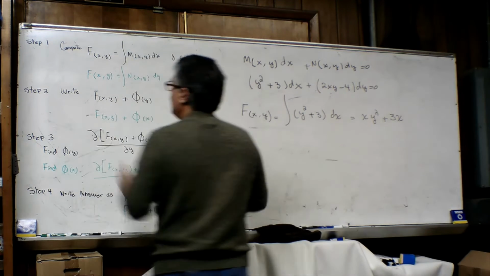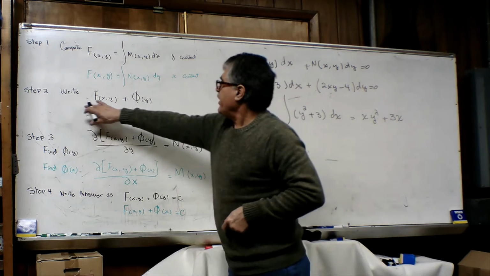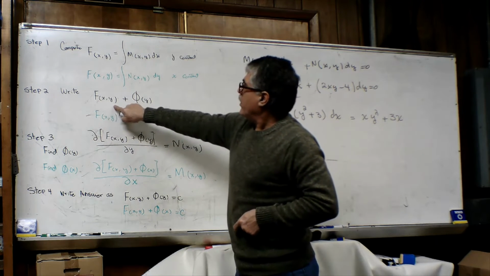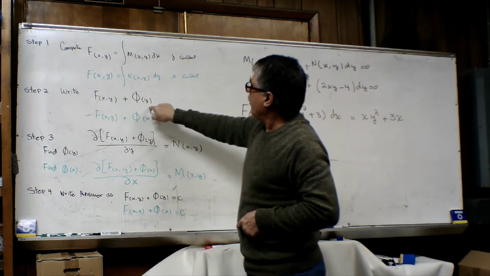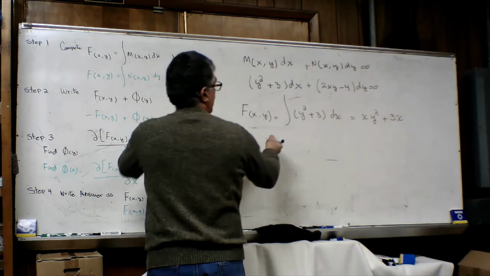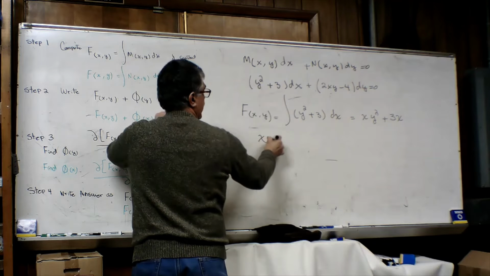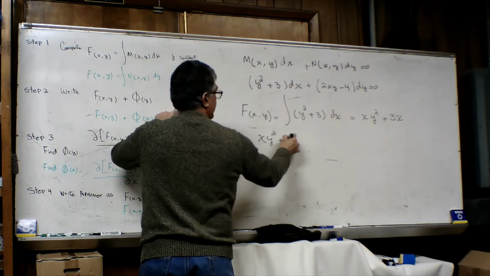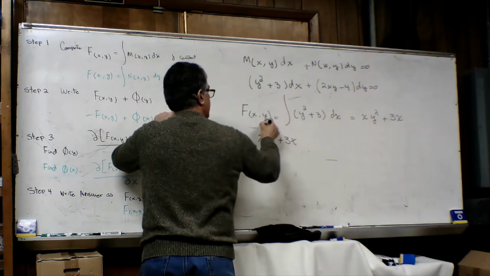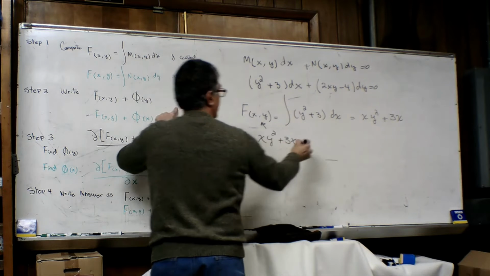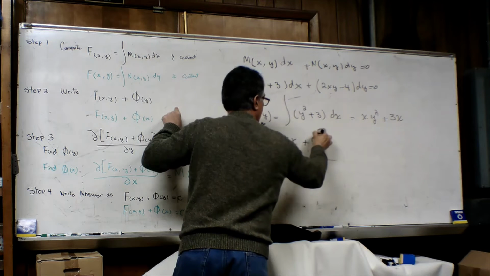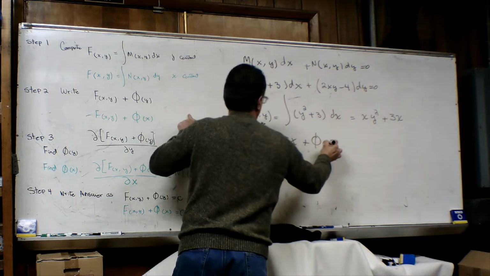Now step number 2, write it in this form, f as a function of x and y plus phi of y. So let's write this as xy squared plus 3x, which is f as a function of x and y, plus phi as a function of y.